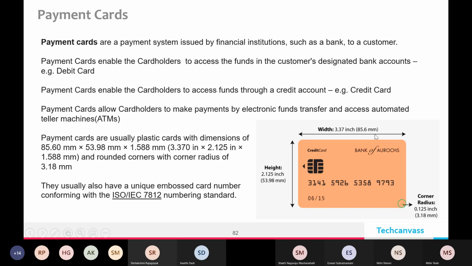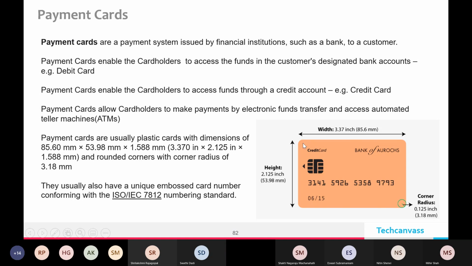Actually, it's 3.37 inches in length and 2.125 inches in width. And then you can also see the thickness of 1.588 mm. That effectively means 0.625 inches.